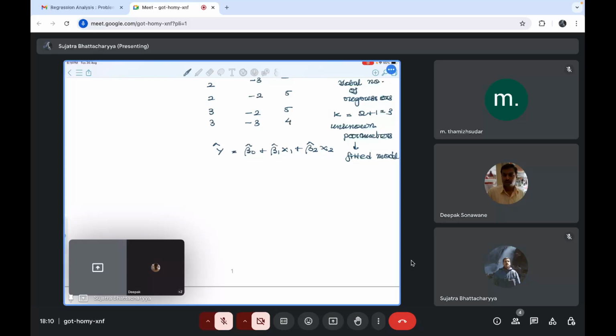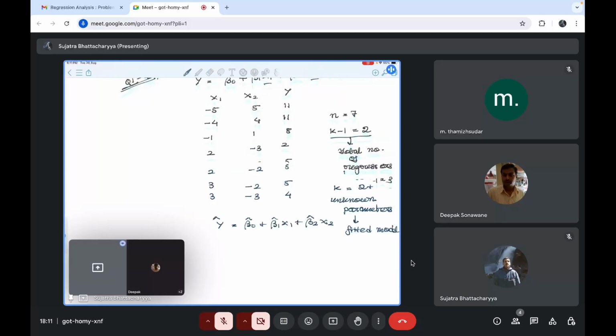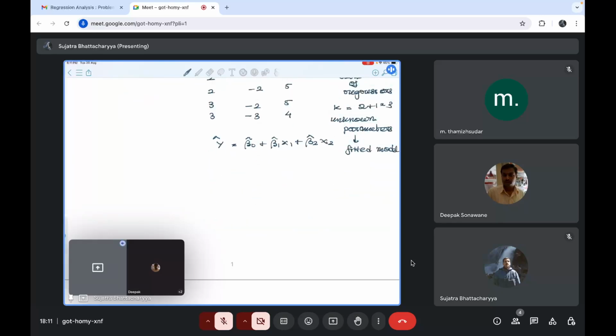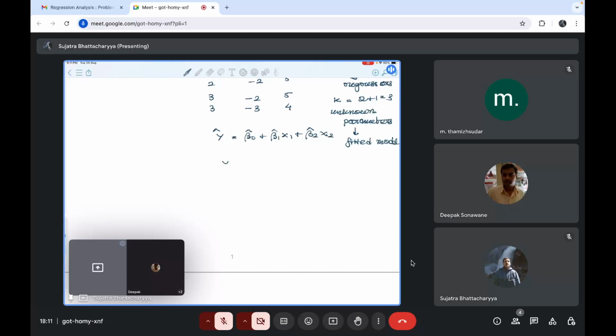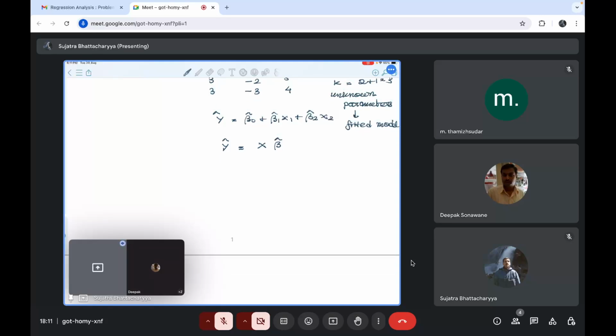Fine. So how do we proceed with multiple linear regression problems? We generally write x and y in a matrix form, like x times beta. How is beta hat calculated? Let me write that, just the expression, because I discussed it in the last class.